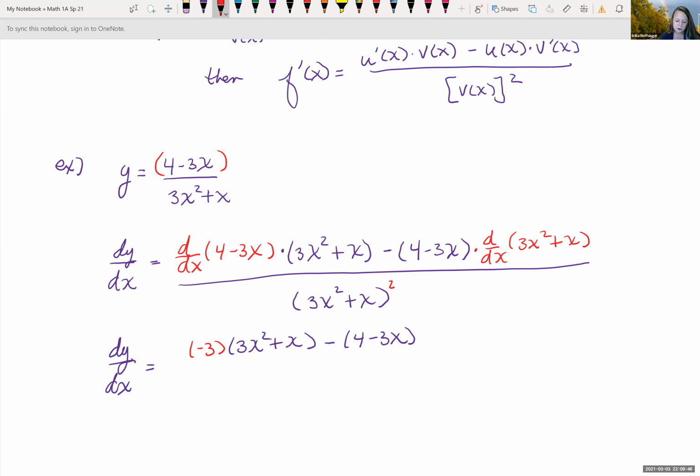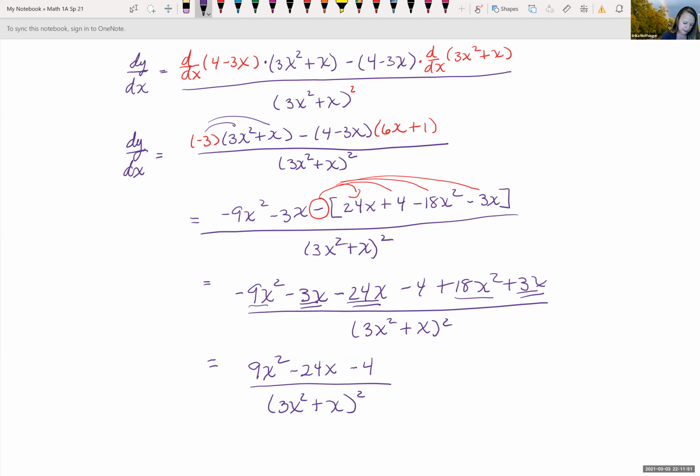So combine like terms in the numerator: we have a negative 9x squared plus an 18x squared is a positive 9x squared. We have a negative 3x minus 24x is negative 27x, plus 3x is negative 24x. And then the only coefficient I have left is a negative 4, all over 3x squared plus x quantity squared.